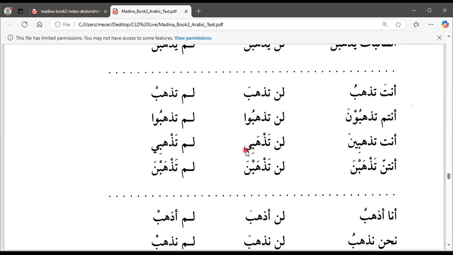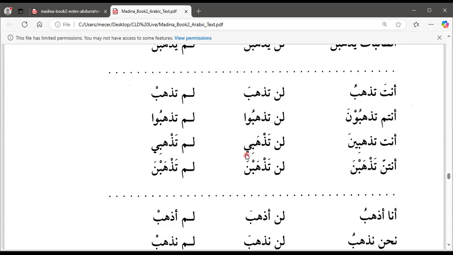And tadhabi here in this case, it is fi'l mudari' mansub. It's mansub, and here we don't put fatha to say tadhabiya, because if a word is ending with ya, in most cases kasra is appropriate, so the ending of it will follow the kasra behind, or the letter behind the end of the word.